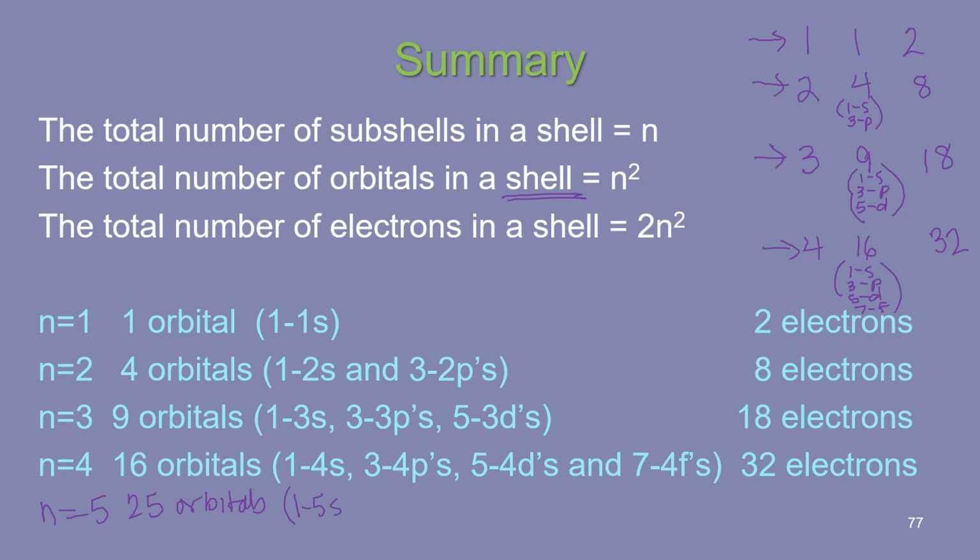There's 1 5s, there's 3 5p's, there's 5 5d's, there's 7 5f's, and there's 9 5g's. So that's a total of 25, and that would mean 50 electrons. We can keep going and going, and this is what's allowed.